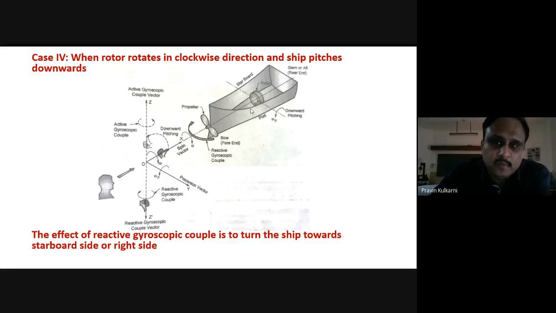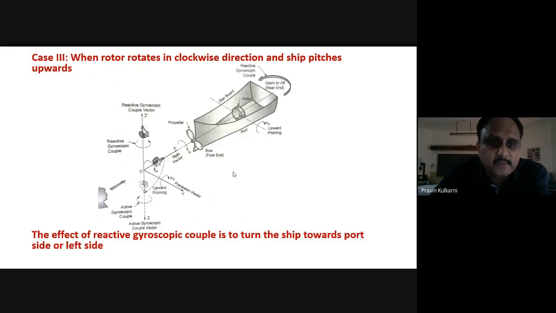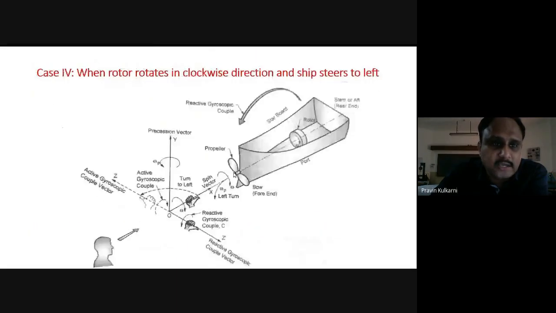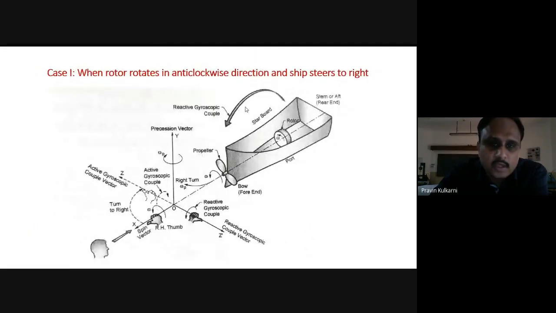Remember that the ship is pitching downwards, but the thumb is going in this fashion. The things are very much similar to what I said in case of steering. This is a case of right steering, but for the observer, it will appear as left.